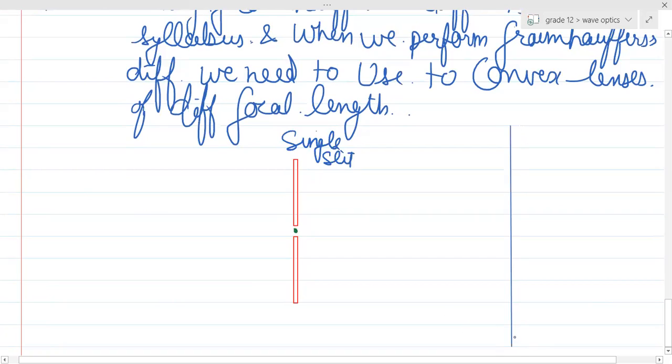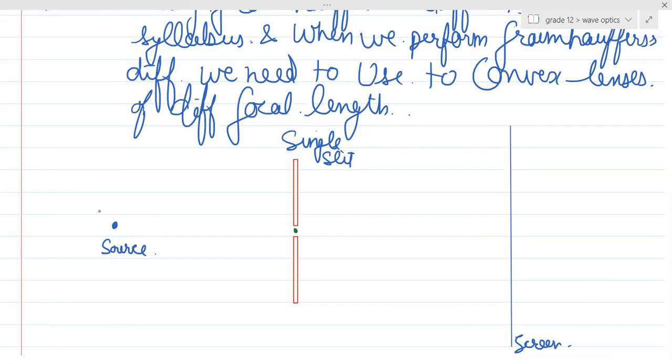Okay, this is my screen, and let's say this is my source. I don't want everything to be at infinite distance. If everything will be at infinite distance, will I be able to perform the whole experiment?